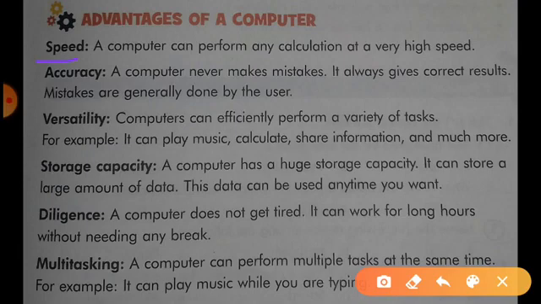Dear students, as you all know, a computer can perform any calculation at a very high speed in a nanosecond. A computer can calculate millions, billions of calculations in a nanosecond. And accuracy, a computer never makes mistakes.